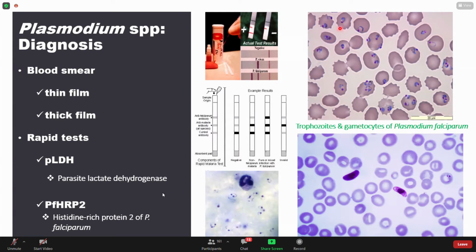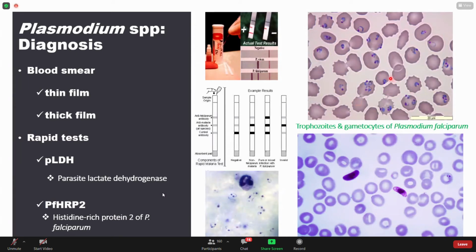Now, the features we see on thin blood smear that can help us to make a diagnosis of P. falciparum include the following: having multiple parasites in a red cell, having parasites that appear to lie on the red cell membrane. You have one here, okay?